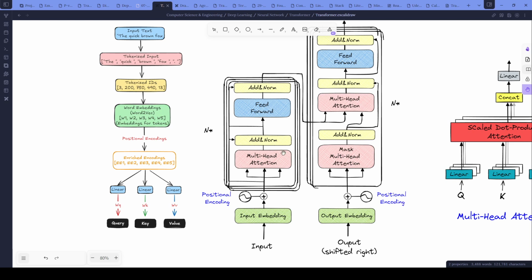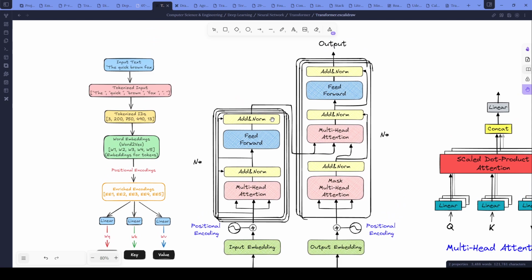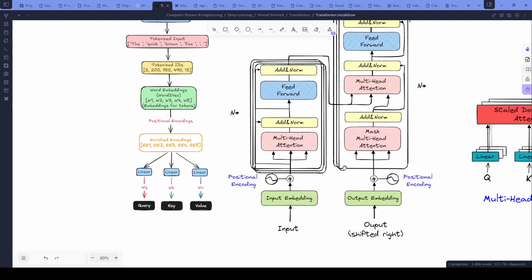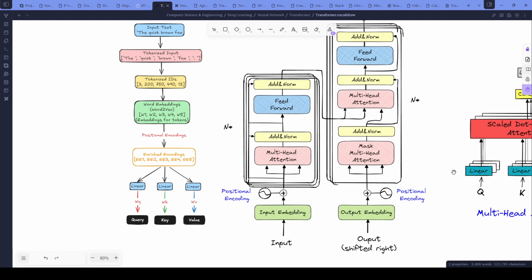Okay, there's another concept we need to understand in order to understand the transformer architecture, that is the residual connections. In a transformer, the output of the residual connections goes through layer normalization, as we can see from here. The normalized residual output gets projected through a pointwise feed-forward network for further processing.